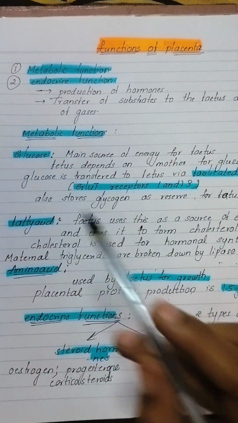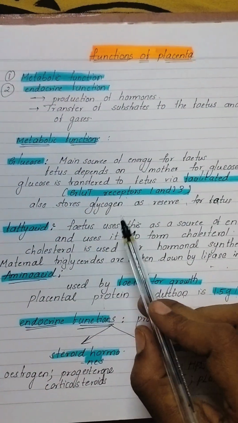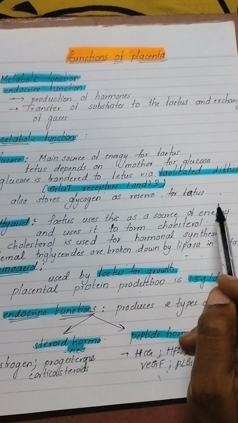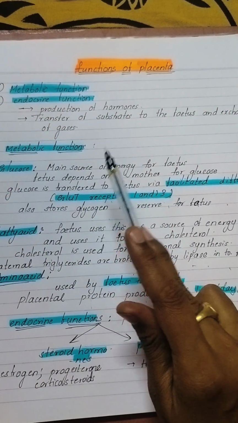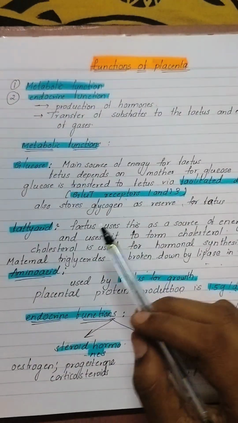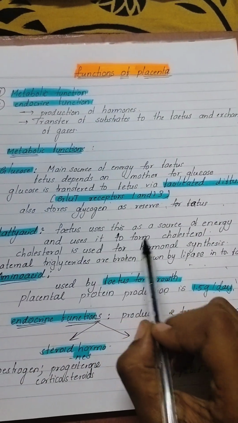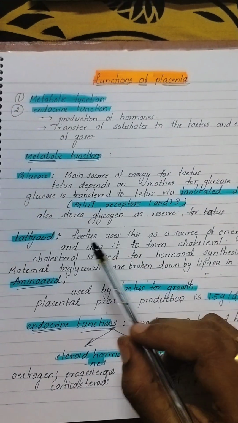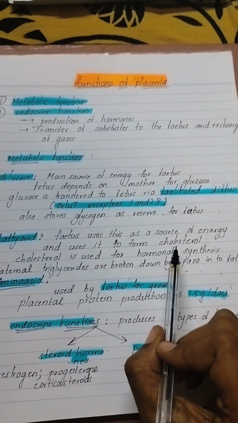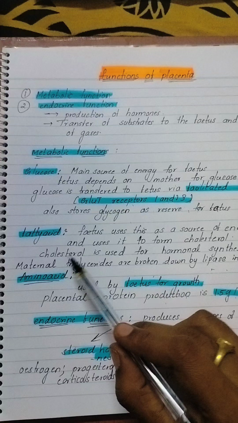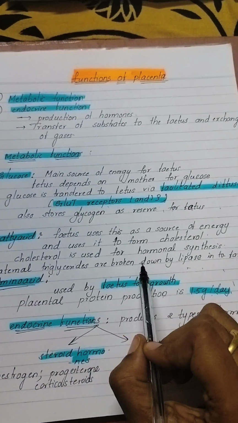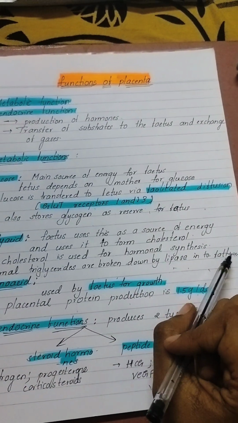And coming to fatty acids, the fetus uses this as a source of energy. Not the main source, but it's also a source. And it uses it to form cholesterol, which is used for hormonal synthesis. Maternal triglycerides are broken down by lipases into fatty acids.